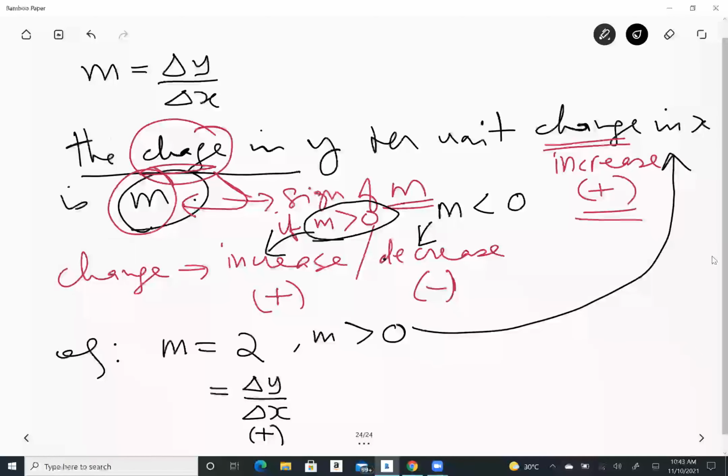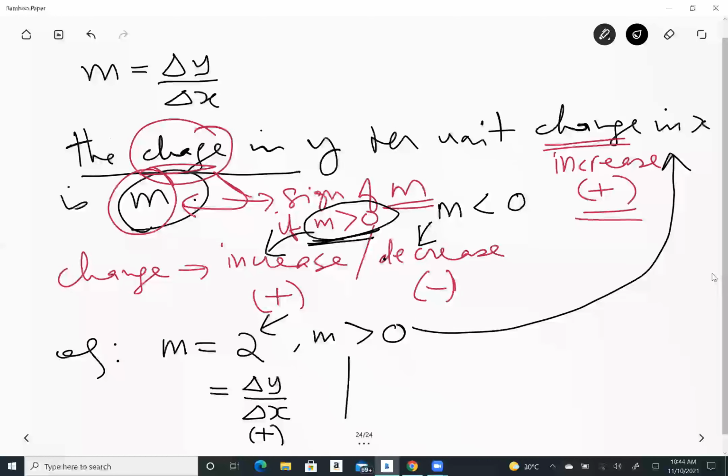Now the change in Y, whether Y increases or decreases, will be given by the value of M. Here M is 2, which is positive. So what can you say of the change in Y? Y will increase.